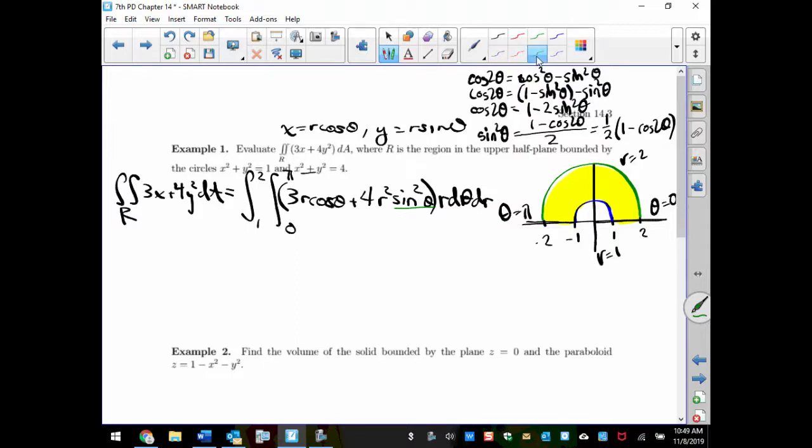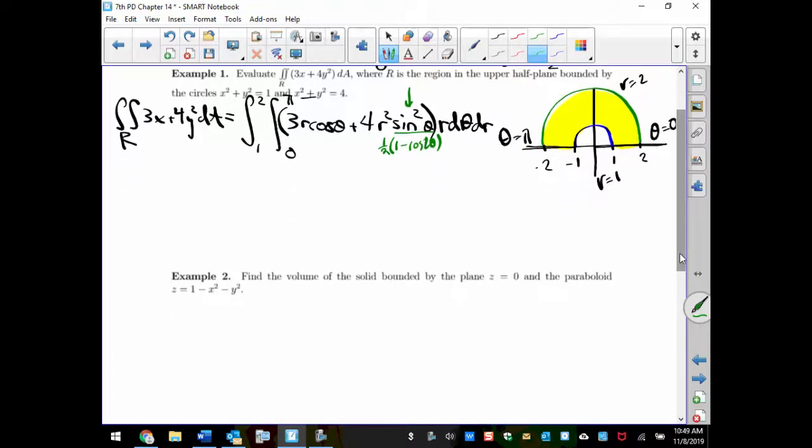So we're going to go ahead and replace that with 1/2 times 1 minus cosine 2 theta. This allows us to integrate a really hard integral much more easily. Sine squared is not easy to integrate, so we replace it and then integrate. So here we go. The first integral is going to be 3r, and the antiderivative of cosine is sine. Here we have r squared, because we're distributing that r through.